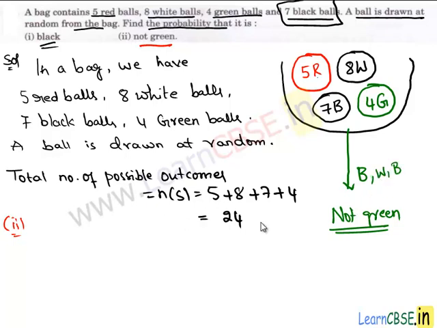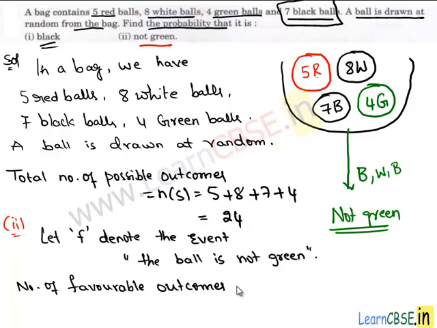So here we take F as the event, and it denotes that the drawn ball is not green. Then the number of favorable outcomes to event F is 5 red balls or 8 white balls or 7 black balls, and the sum is 20. Let it be n of F, which is 20.